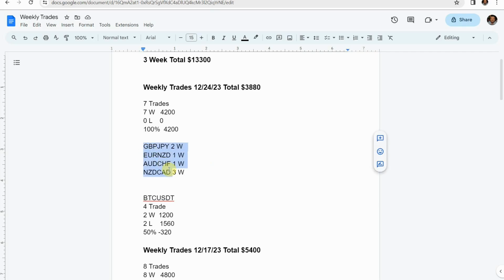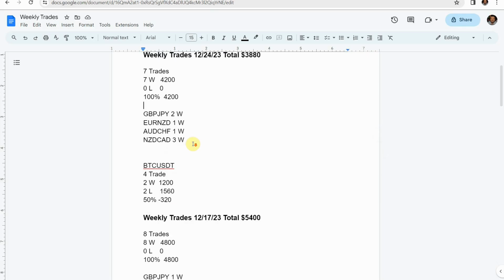And so we're tracking the signals from these 4 Forex pairs and this one crypto coin. And so this last week on the Forex pairs, we had 7 trades, 7 winning trades, a 100% win rate with a $4,100 gain. On the crypto coin though, we had 4 trades, 2 winning trades, 2 losing trades, a 50% win rate. We would have lost $320.